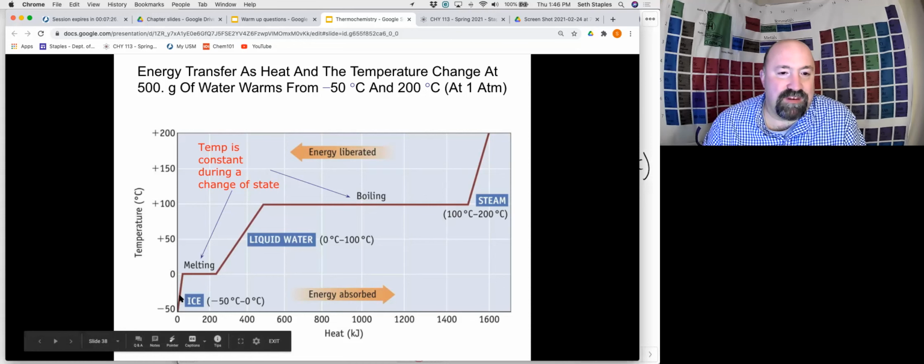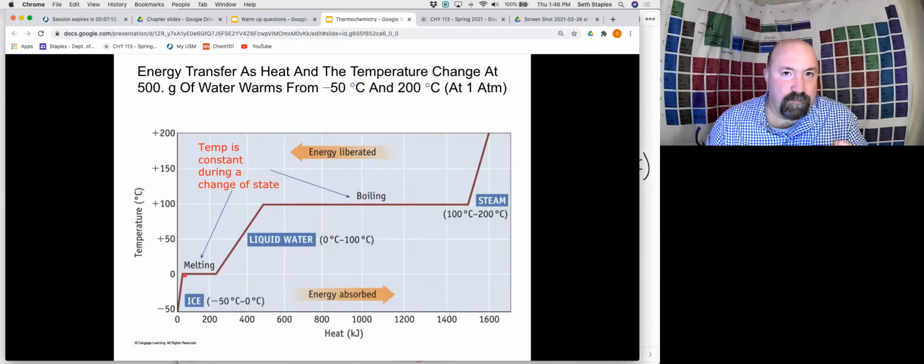The energy is going to go into a temperature change until we get to the melting point at 0 degrees C. Now all of the energy that we're putting into this ice goes into melting. So along this portion of our curve, our temperature does not change. All of the energy goes into melting as we go from 100% solid here to 100% liquid right here.